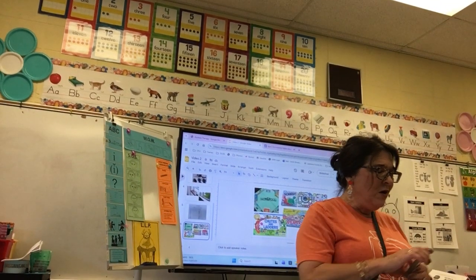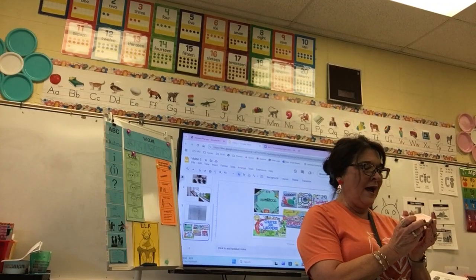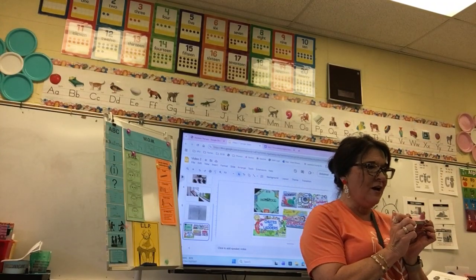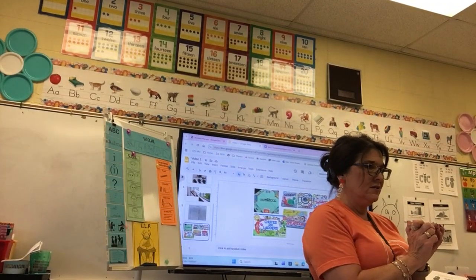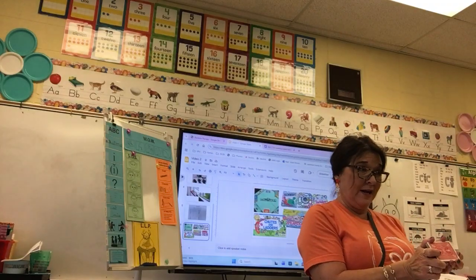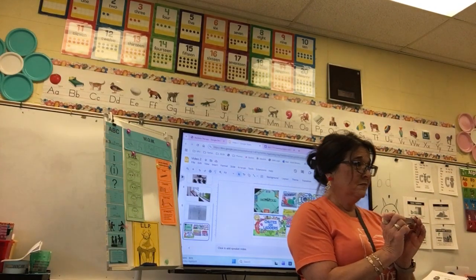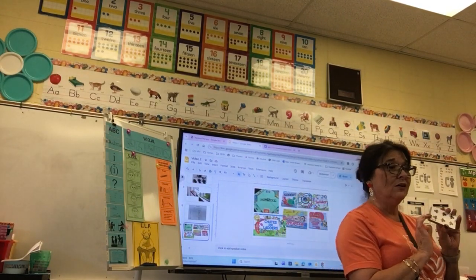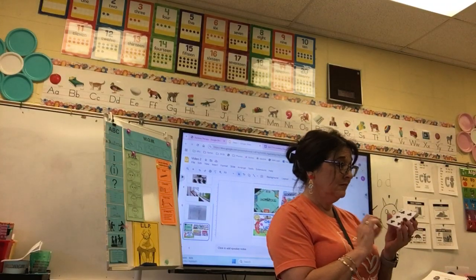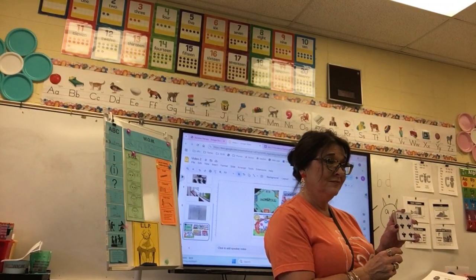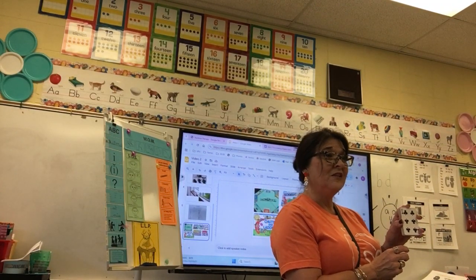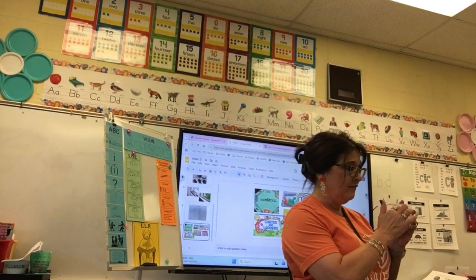All right. So let's describe what I have. What can you tell me about this deck of cards? The cards are red. They have shapes on them. They have numbers on them. The clover. Okay, they have the clover shape.